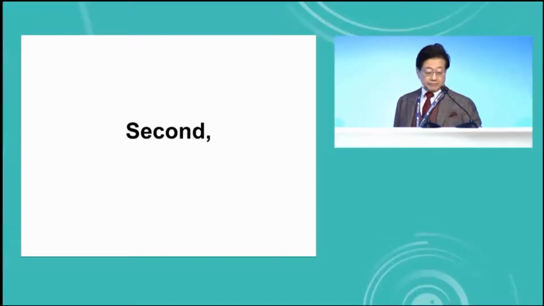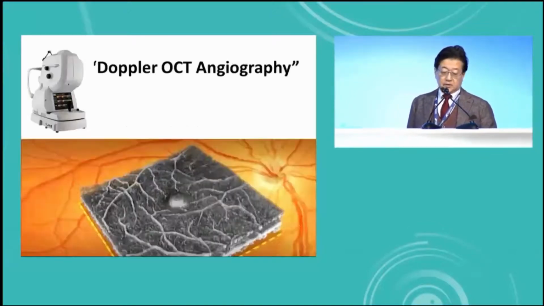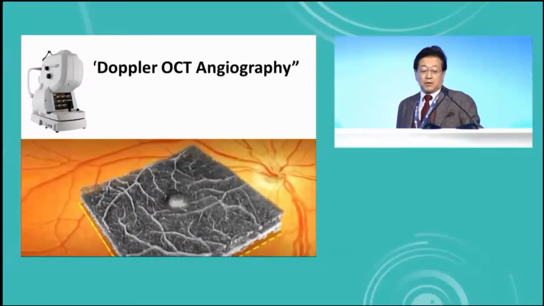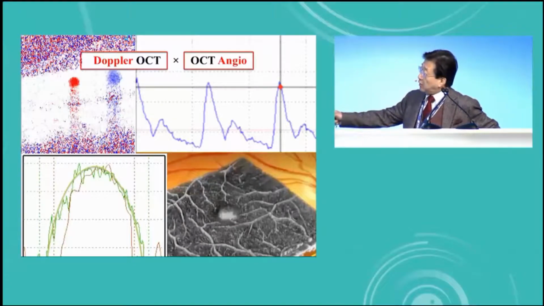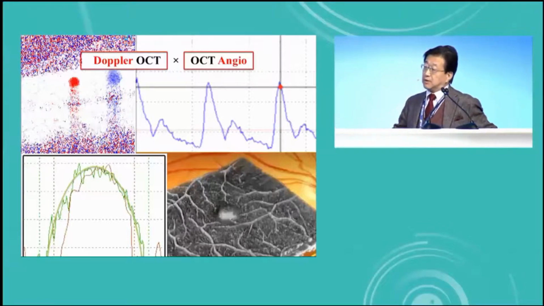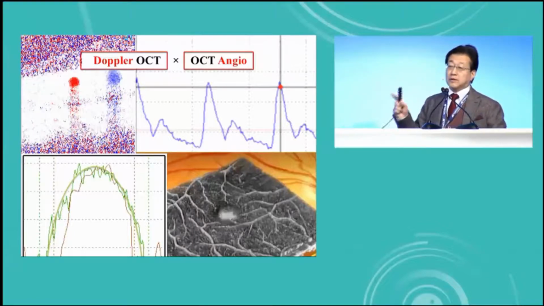Second, I wanted to do more. So I put the angiogram in this auto OCT. I'd like to do everything: blood flow, pulsatile curve, profile, and angiogram, all in one.